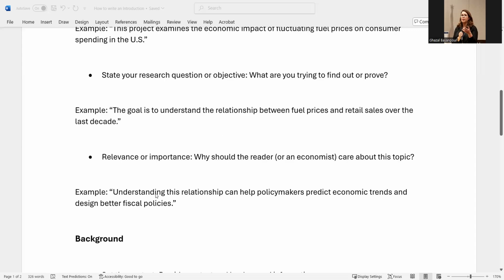Okay. Also, typically in the introduction, we also talk about, as I put it here, why the readers should care about your topic. Why do you think that your topic would be important? Zoe, for instance, is doing, and I apologize if I'm not using your project as an example, I'm just thinking off the top of my head, she is focusing on organic products and the pricing.